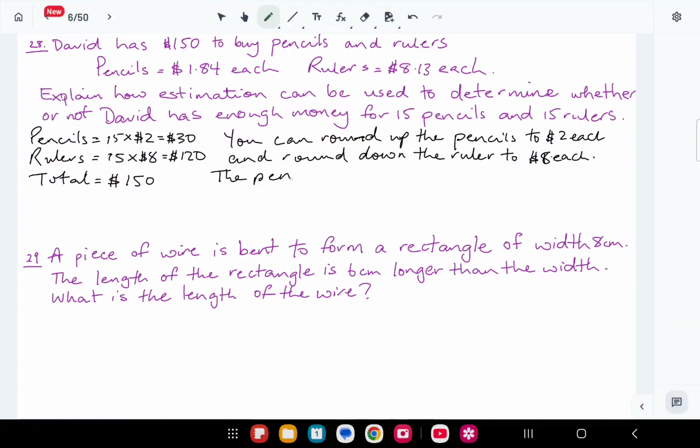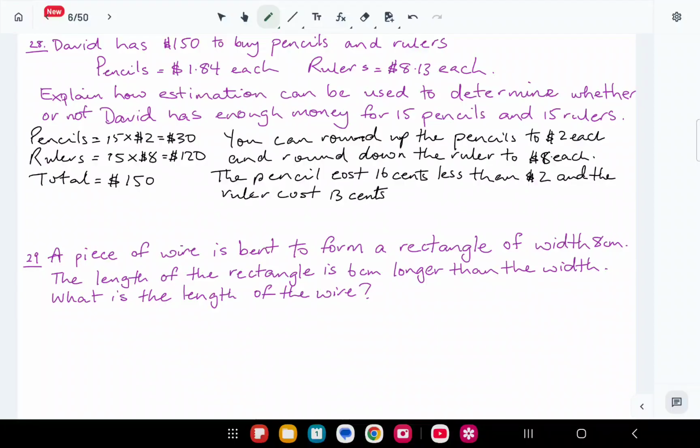The pencils cost 16 cents less than $2, and the ruler costs 13 cents more than $8.